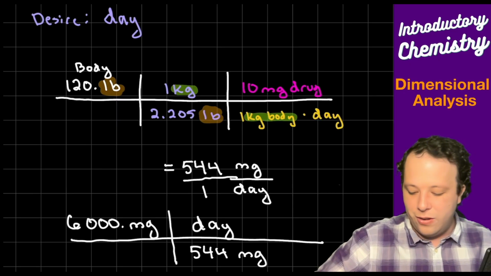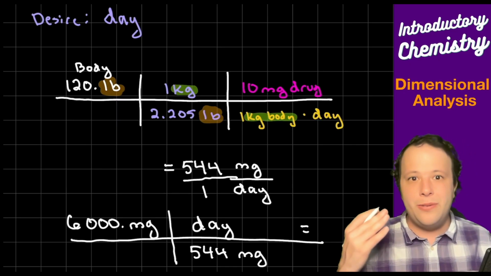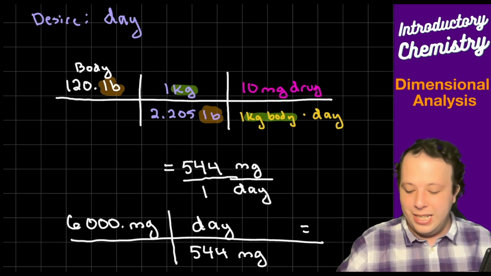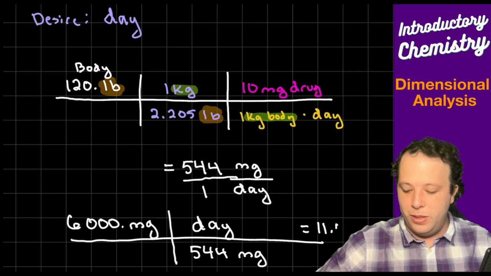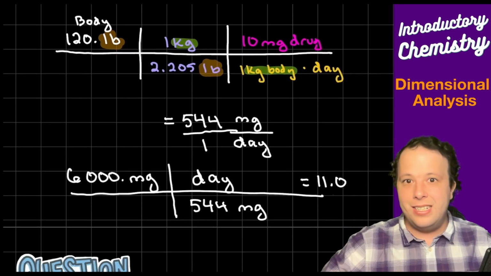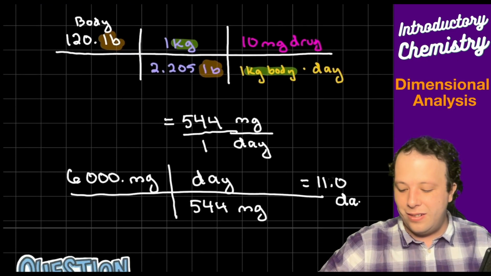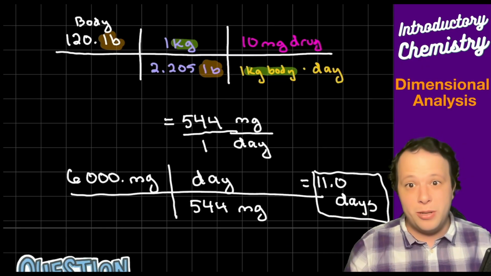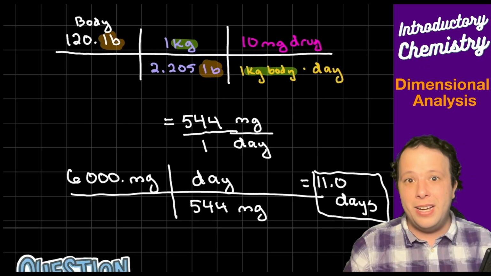So we do 6,000 divided by 544, and we get 11.0 days as our final answer. It's going to last the patient 11 days before they need to get the prescription refilled.